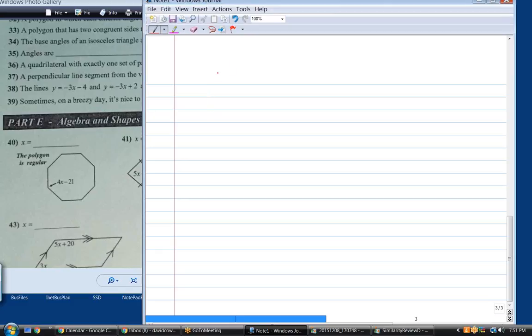In other words, you figured out that the sum of the angles is 1080. What's each angle? Oh, 4x minus 21. No. I know how many angles there are, and they're all equal to one another because it's a regular octagon, 135 degrees. In other words, we have to divide that by 8.